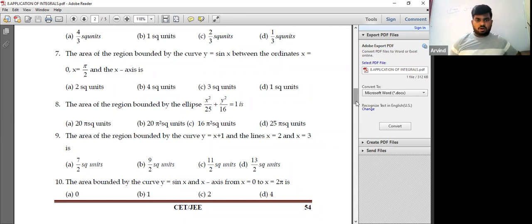The area of the region bounded by the curve y is equal to sin x between the ordinates x is equal to 0, x is equal to pi by 2. You directly ಮಾಡಬಹುದು, or you can draw the curve and you can do it, no issues.